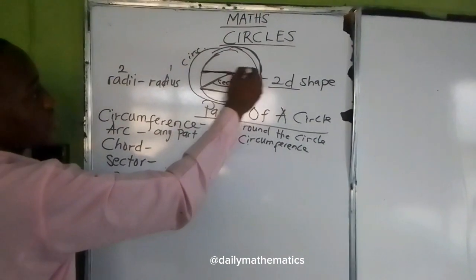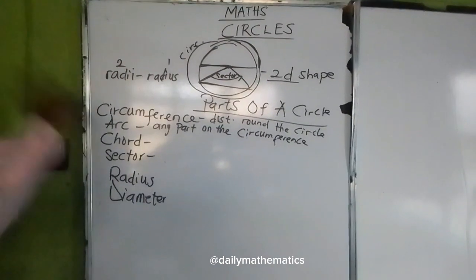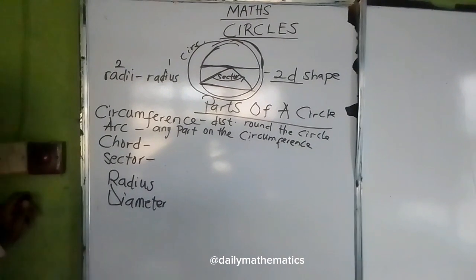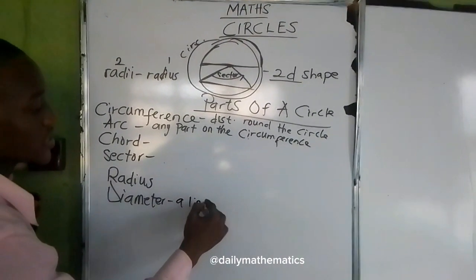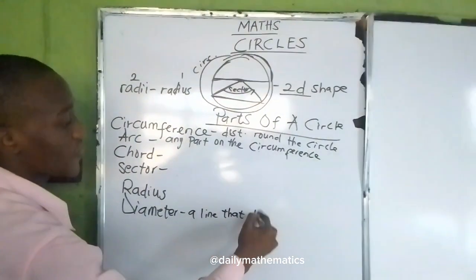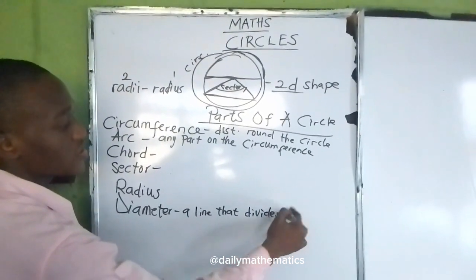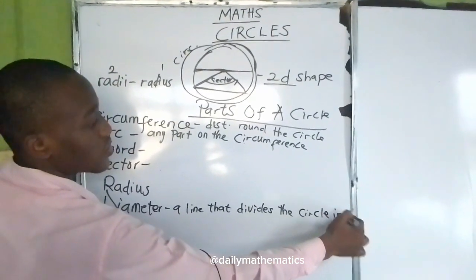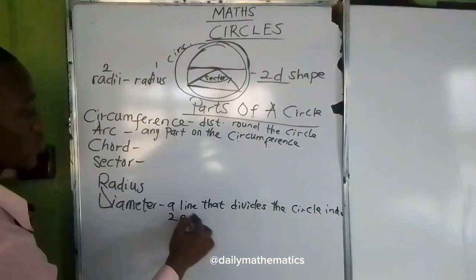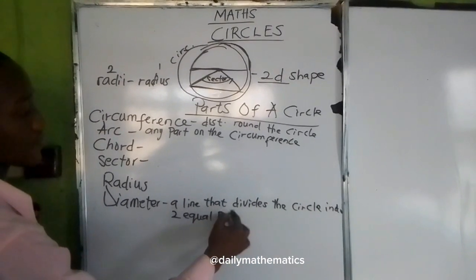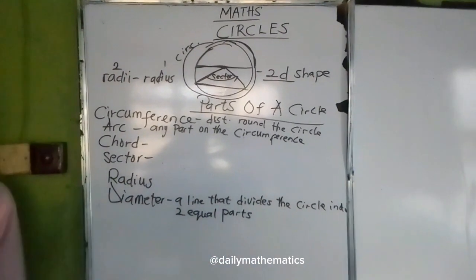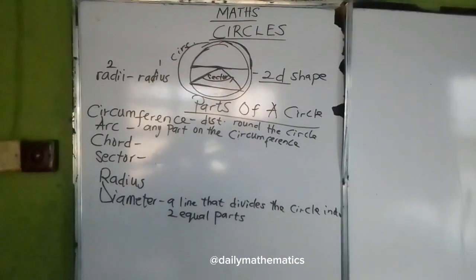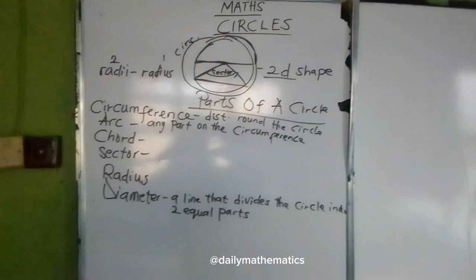That is what splits the circle, a line that divides the circle into two equal parts. That is a diameter.